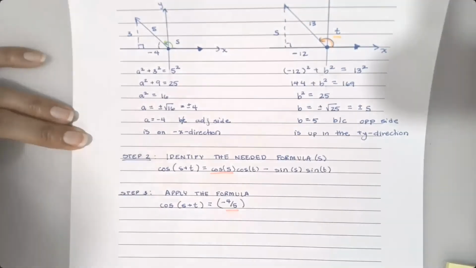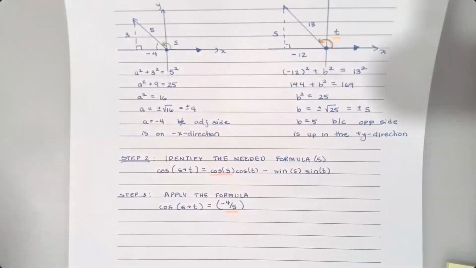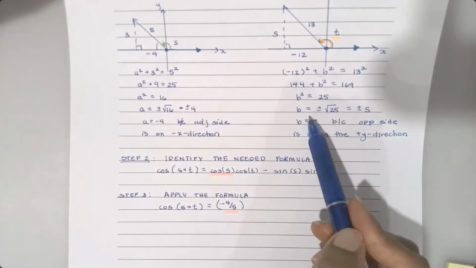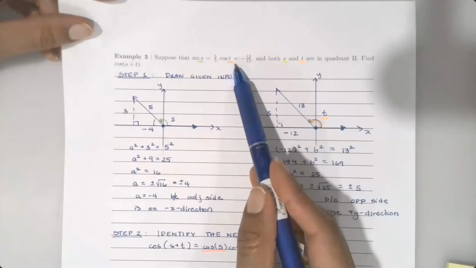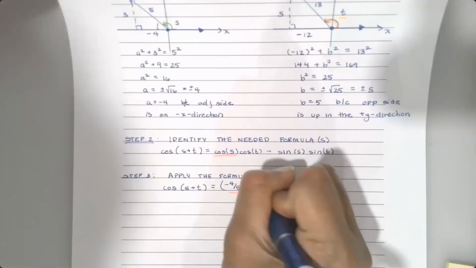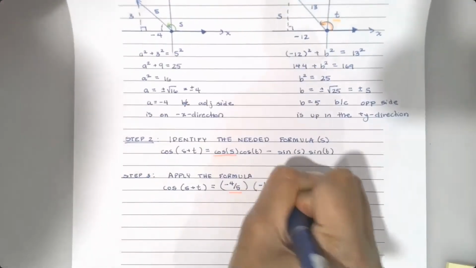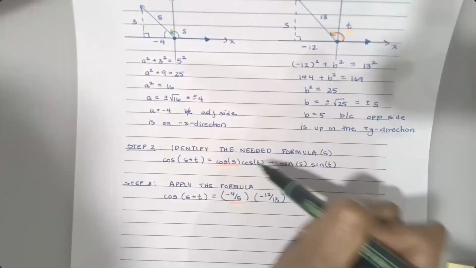Then cosine of t: to figure out cosine of t, we can either look at the second diagram or we can just look at the given. Cosine of t was given to us as negative 12 over 13. So cosine of t is negative 12 over 13, which I'll color code green.